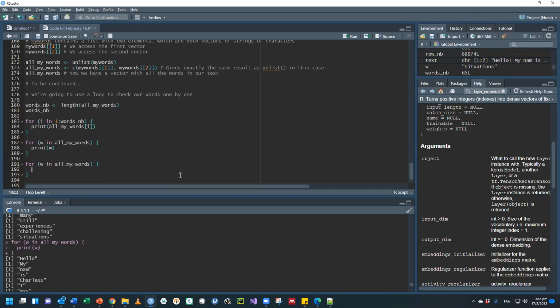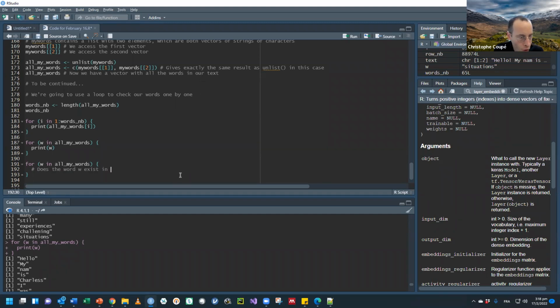We want to check whether our word W exists in the dictionary. What is the method we can use? Can anyone help me with that? Simple solution. Don't be shy. Just give me your ideas.